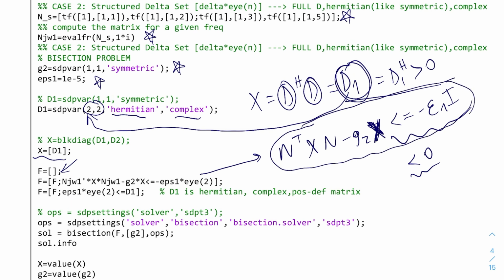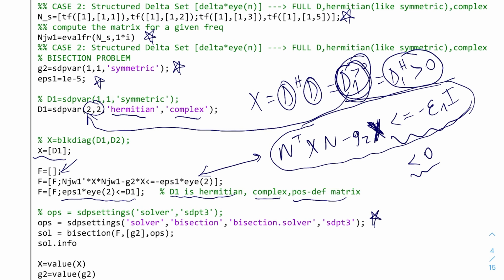Okay, this corresponds to that line. And again we also have D1 being positive, and that's being imposed in that line. Yeah, that's correct. D1 is a Hermitian, complex, and positive definite matrix.